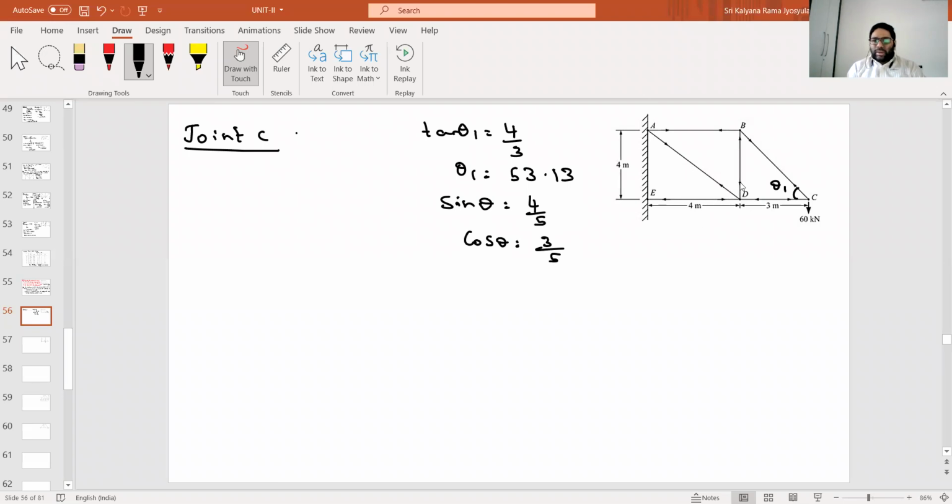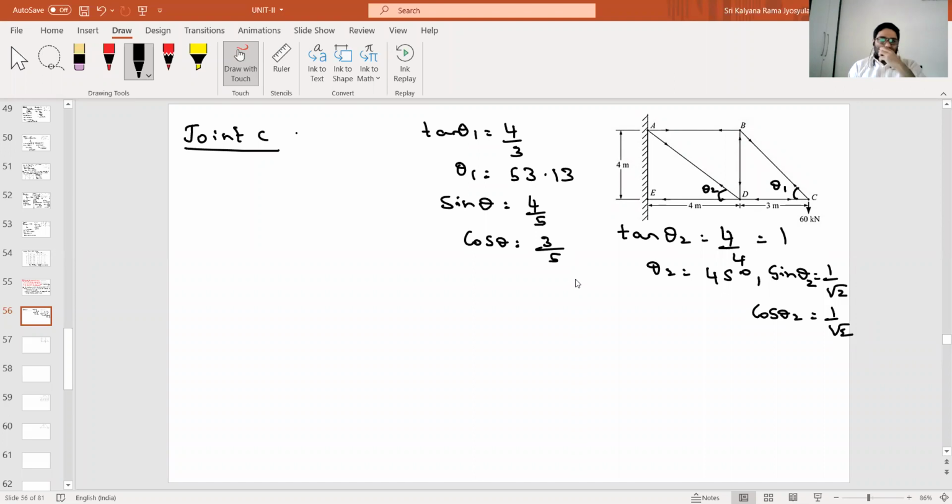Now if you see this specific part of the truss, A, E, and D, you have another angle here, theta 2. Tan theta 2 is equal to 4 by 4, that is equal to 1. So theta 2 is equal to 45 degrees, which means sin theta 2 is equal to 1 by root 2, and cos theta 2 is equal to 1 by root 2.